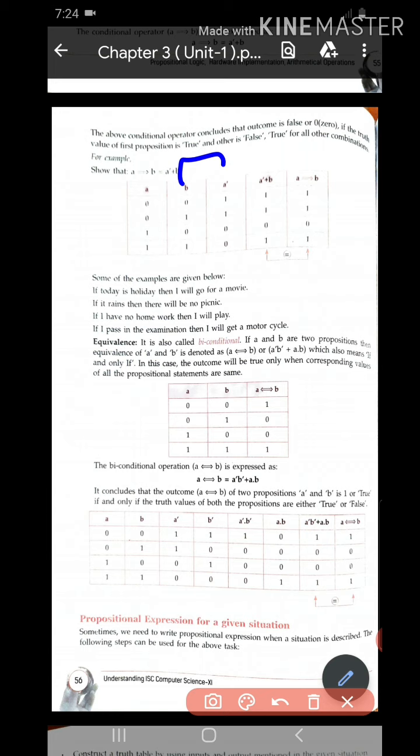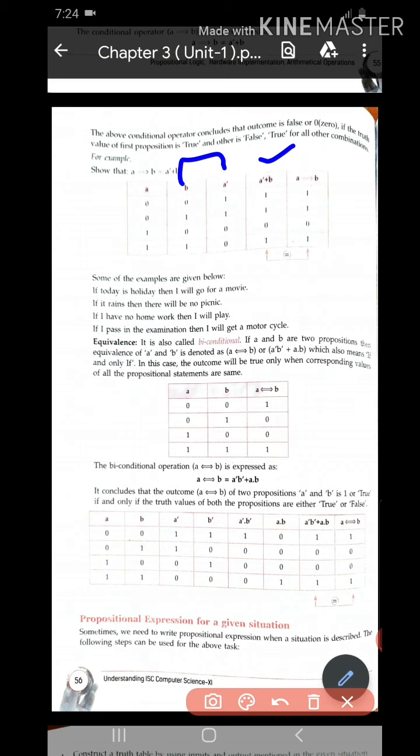Means if we are having one, then if any of the conditions provides us one, the answer is one. Or says means A dash plus B. We have to find whether in both of the conditions, whether any one of the conditions is true, the answer is true.